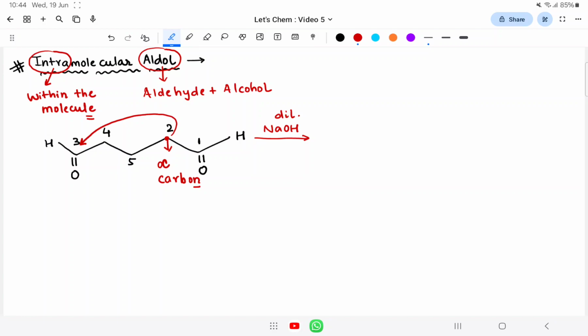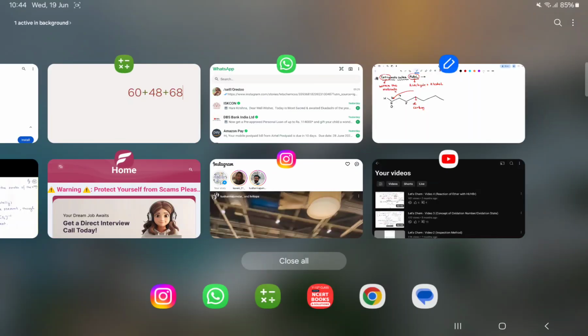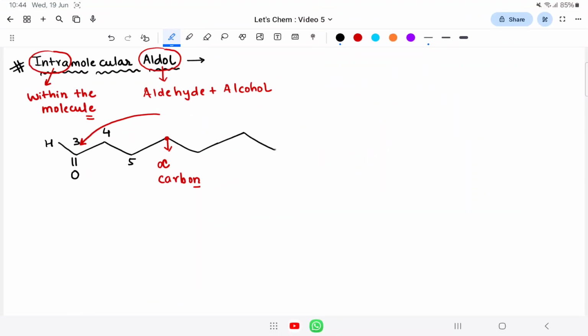If you want, we can increase the chain, so that this can be formed as a ring. Even now we can make it a ring, but just a minute. Okay, so we'll increase the length a bit. I think, yes, now it looks proper, I guess.